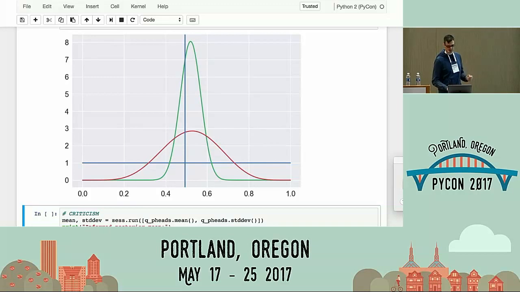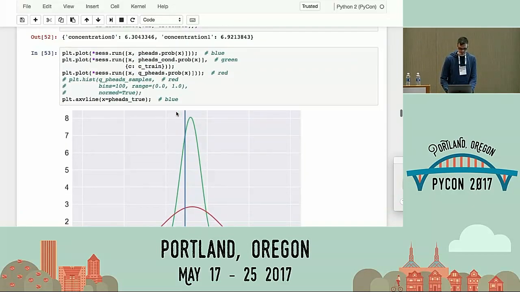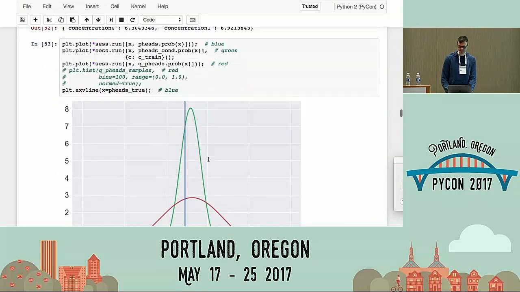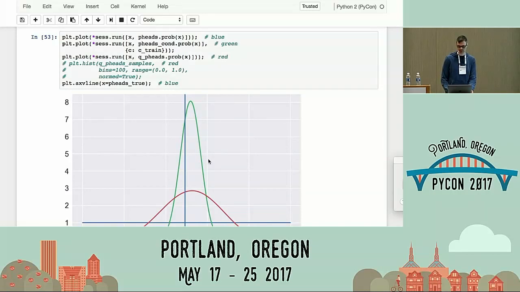And this apparently happens here. If you don't know what the real answer is, this could fool you into believing that there's much more uncertainty than there truly is. So you have to be wary of this method just not working correctly.